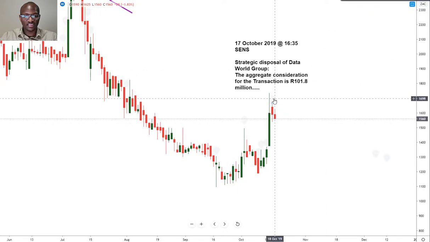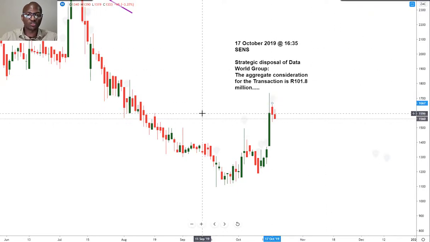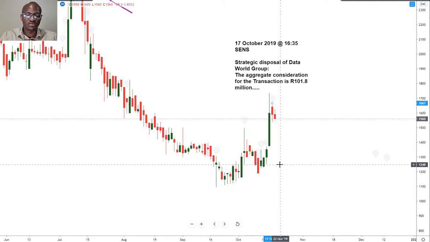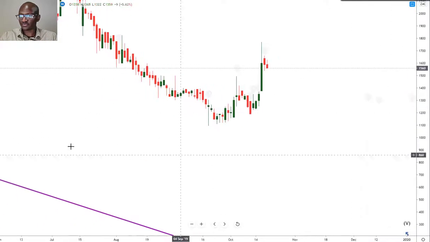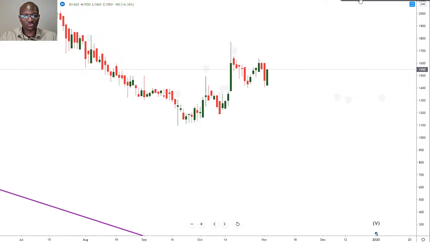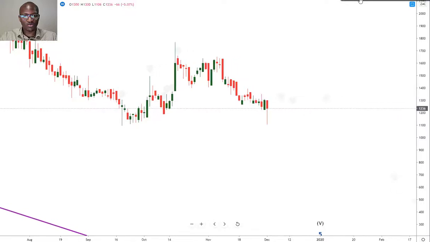And another article here, 17 October 2019, strategic disposal of Data World Group, more sale of non-core assets. And the share price from there continues to trend lower, lower, lower.